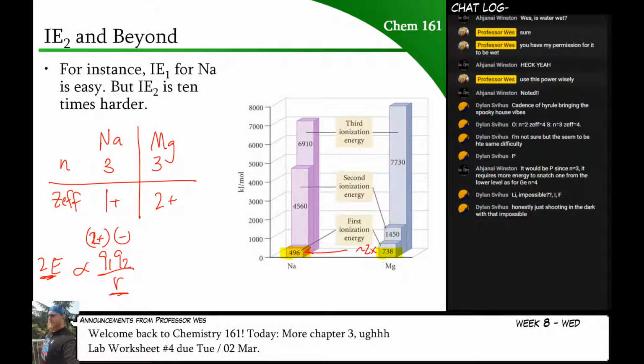Now, it's not exactly times 2, because remember, the radius decreases ever so slightly when I do that. So there's a bunch of different factors that we have to take into consideration, but primarily, to a first-order approximation, these two factors are important enough.